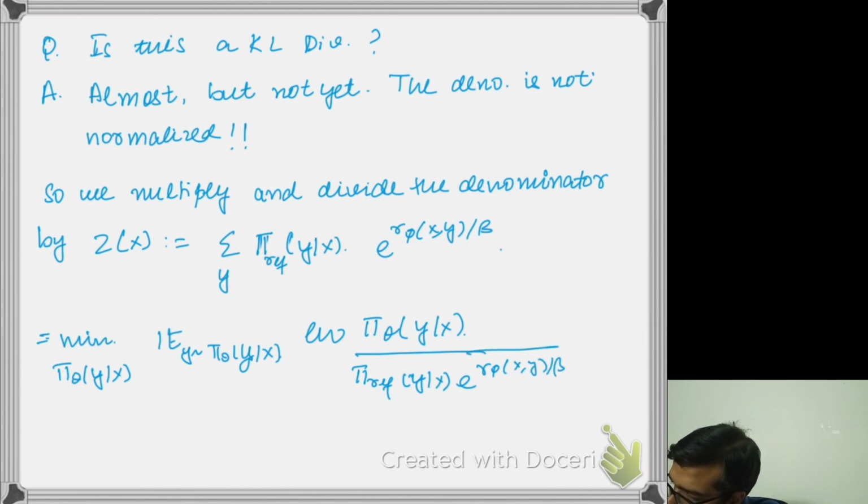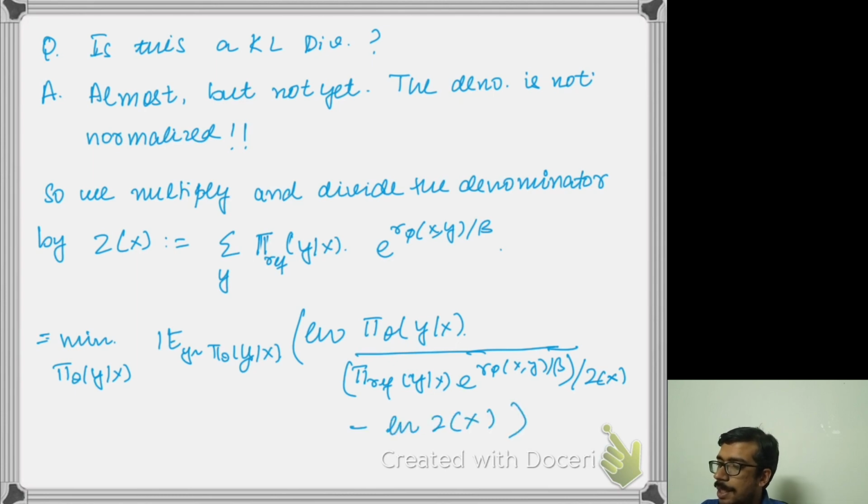Pi ref y given x exponential of r phi xy over beta. So this is what I had earlier. Now what I'm doing is that I'm dividing this denominator by Z x, which means that I have multiplied the numerator by Z x and there is a log outside. So we subtract log of Z x to balance this. Okay.